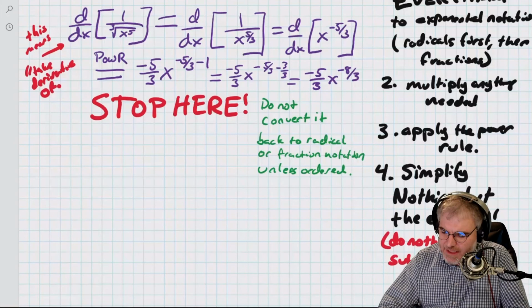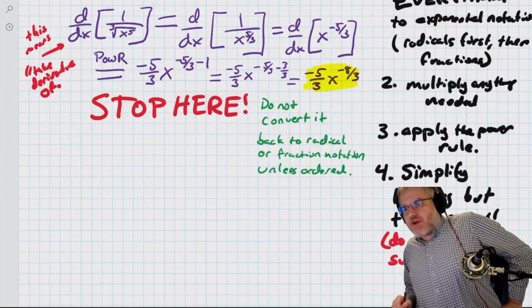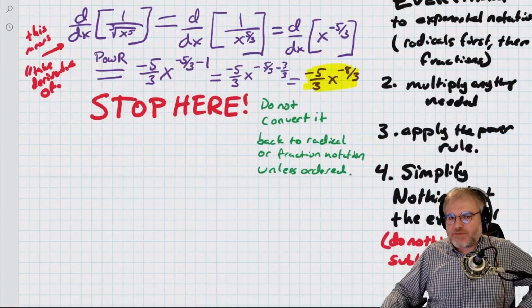This is the answer you want. That is your final answer. The only simplification you need to do is subtract the 1 from the exponent, if you have to do something like that where it's a fraction.